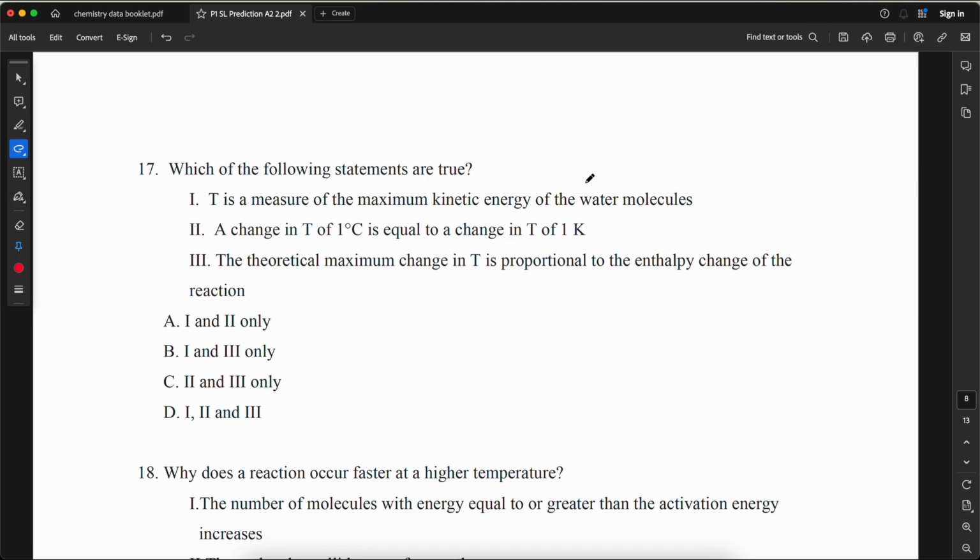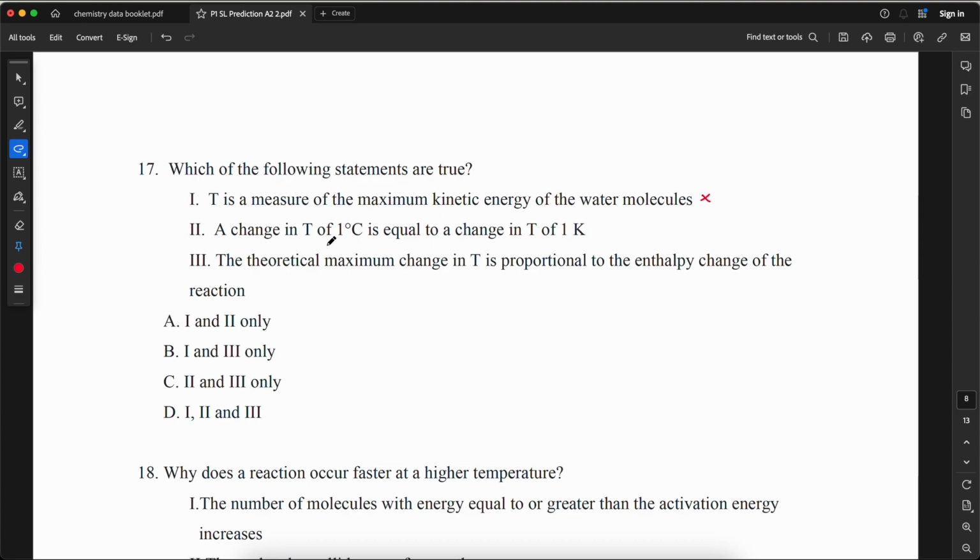Temperature shows the average kinetic energy of molecules, and for an ideal gas, the average kinetic energy is proportional to T. Okay? So the maximum change in temperature is measured when there is no loss of heat to the surroundings. And this one is incorrect.